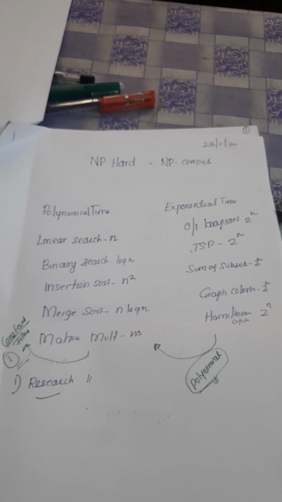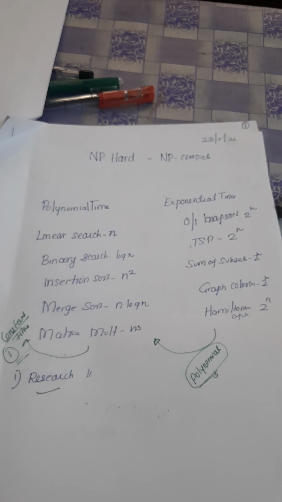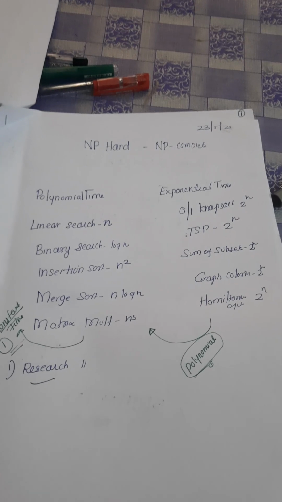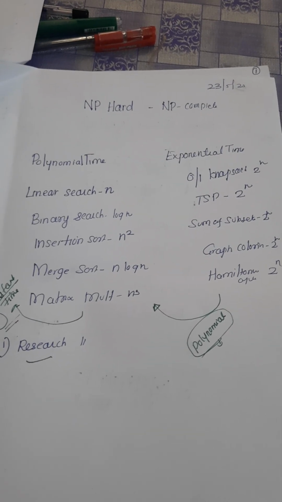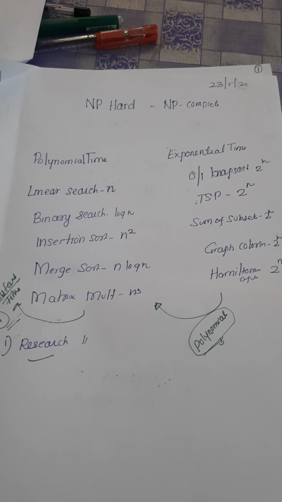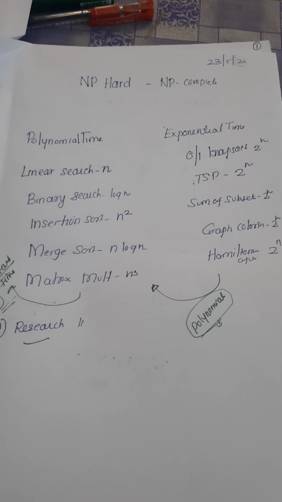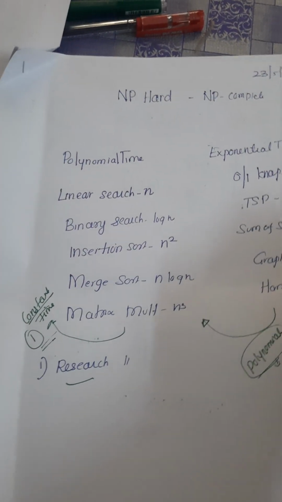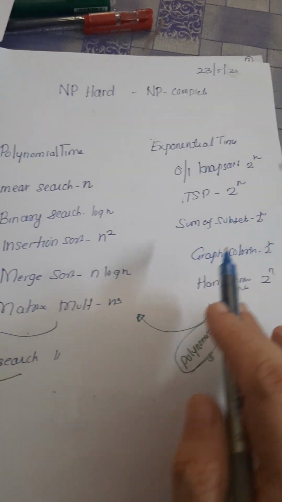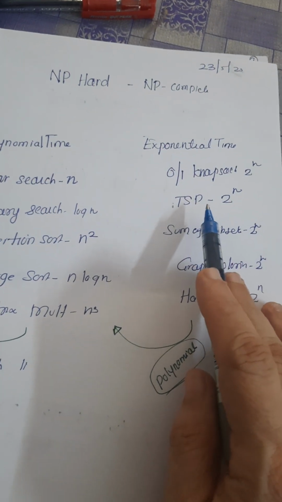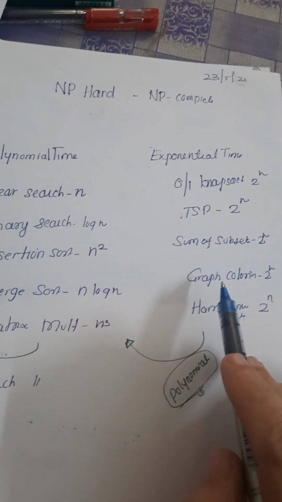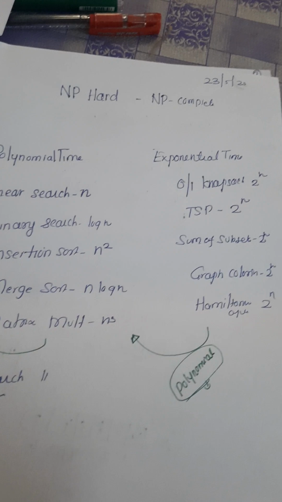We have come across two types of algorithms based on their running time: polynomial time algorithms and exponential time algorithms. Polynomial time algorithms, for example, are linear search, binary search, insertion sort, merge sort, and matrix multiplication. Exponential algorithms include 0/1 knapsack, traveling salesman problem, sum of subset, graph coloring, and Hamiltonian circuit.